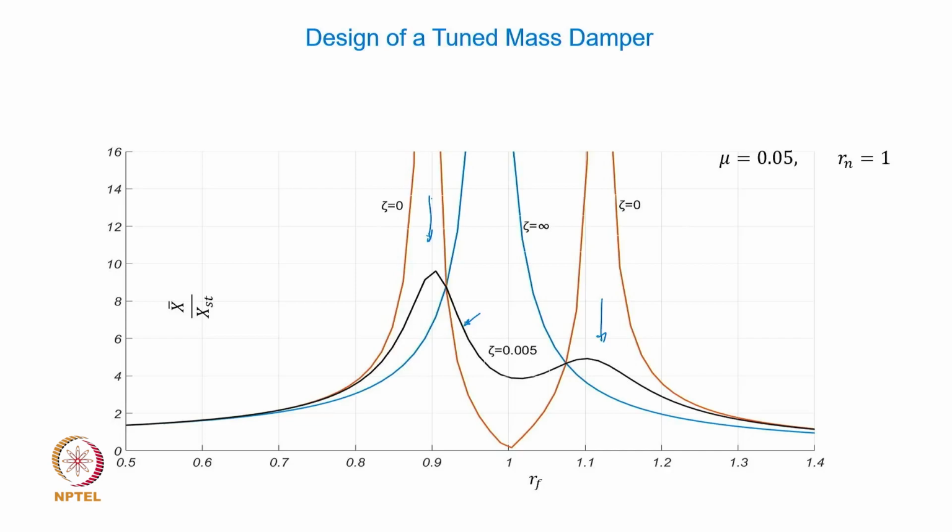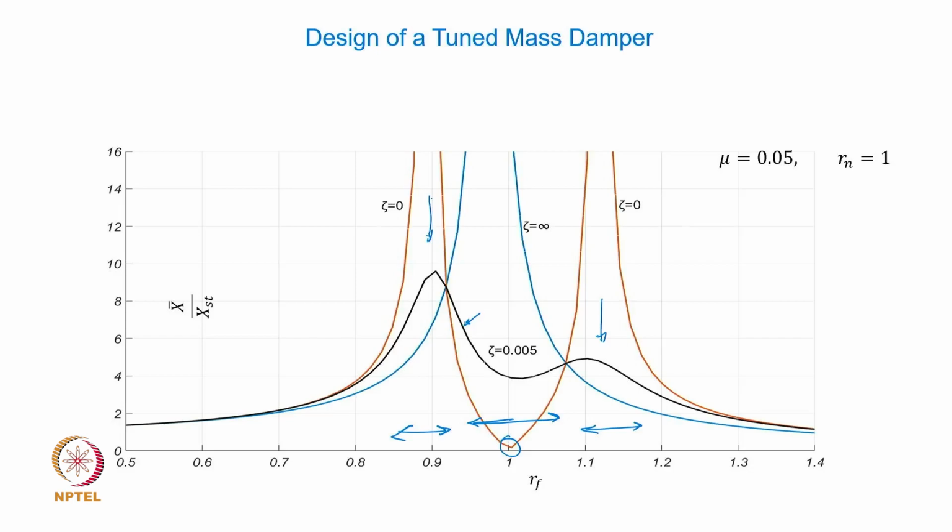Now the problem is we have drummed up so much about use of this vibration absorber for containing vibrations or reducing vibrations of the parent system to 0. So this was the ideal situation, but that ideal situation created a problem for us, that there are two new resonances and any deviation from this operating condition would take us closer to the large amplitude cases, and therefore we introduce a damping.